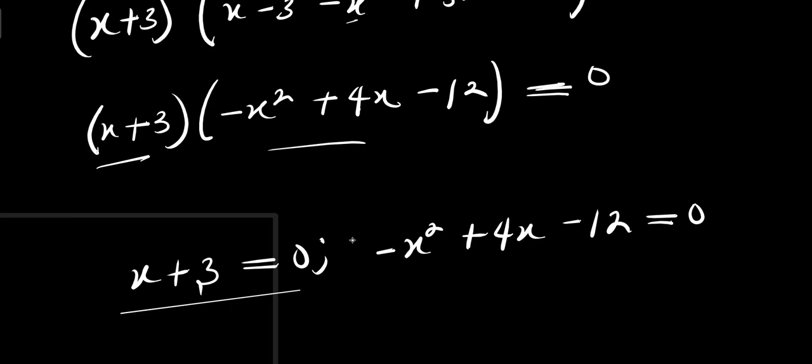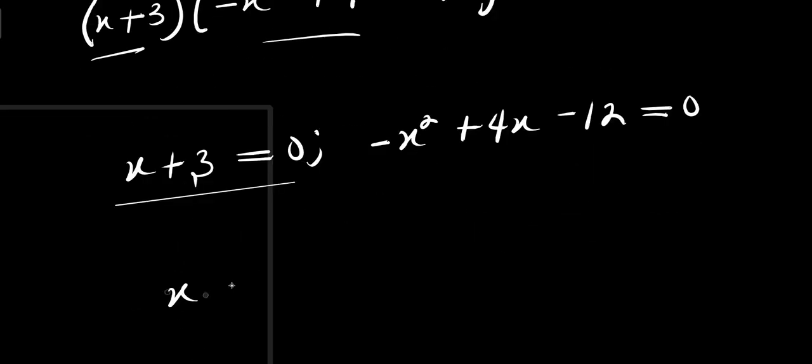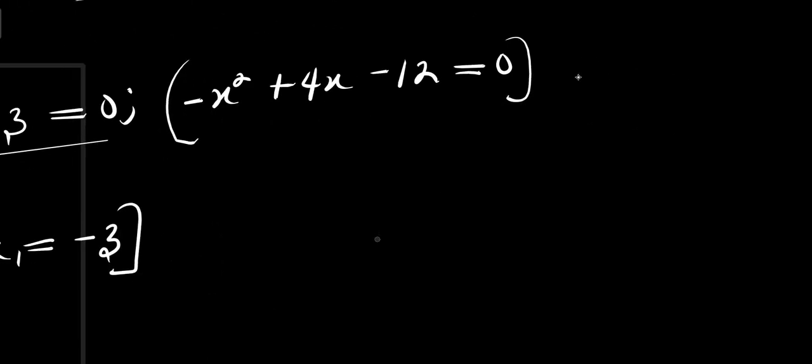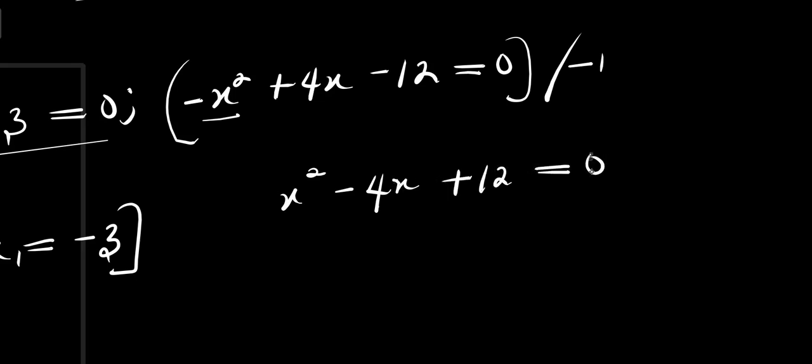For this one here, I can have x equals negative 3. That is my x1. Now for this one here, I can simply divide each of the terms by negative 1. This divided by negative 1, I have x squared minus 4x plus 12 equals 0.